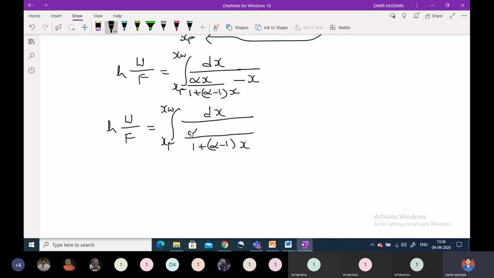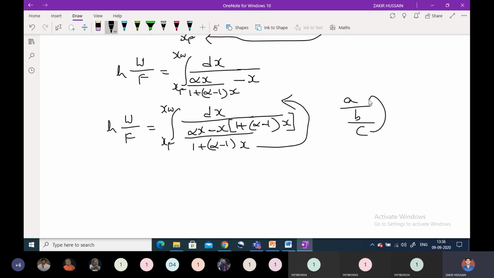So this will be alpha x, and the next term will be minus x into 1 plus alpha minus 1 into x. Now we send this denominator to the numerator, because a by b by c is equal to ac by b. If you have any doubt, just see it.